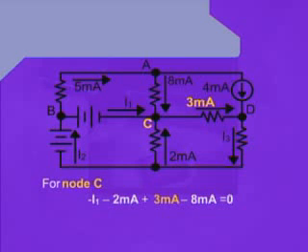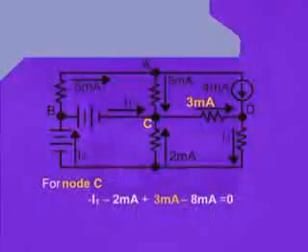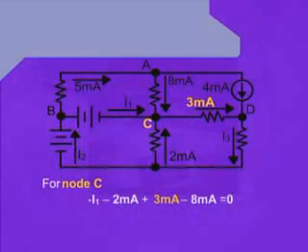And once again 8 milliampere is approaching the node C, therefore minus 8 milliampere equals 0.